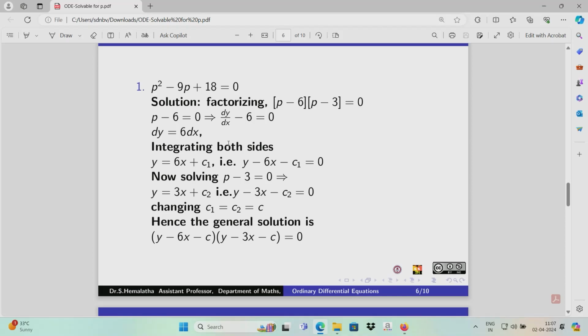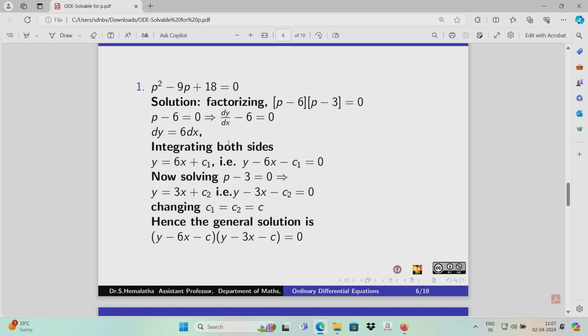Now, to learn more about this, we will look into one illustrative example. Solve the differential equation p square minus 9p plus 18 equals 0. Now, we know all factorizing techniques in algebra.